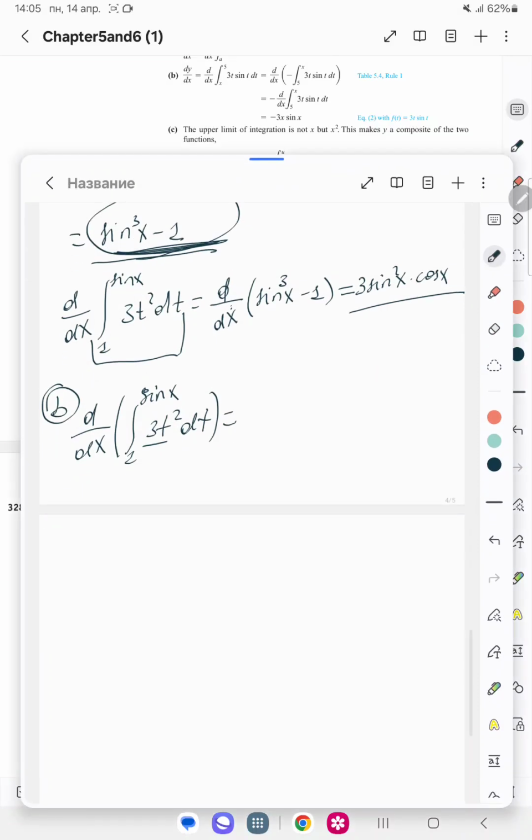We have here 3t squared. I will just put the upper bound instead of t. The upper bound is sine x. So I will just write 3 sine squared x, times the derivative of that upper bound, d over dx of sine x.